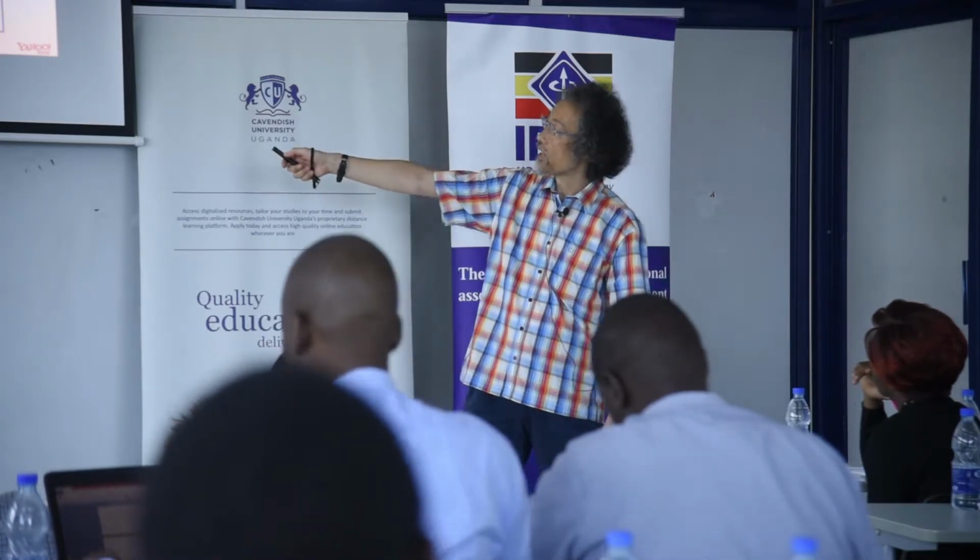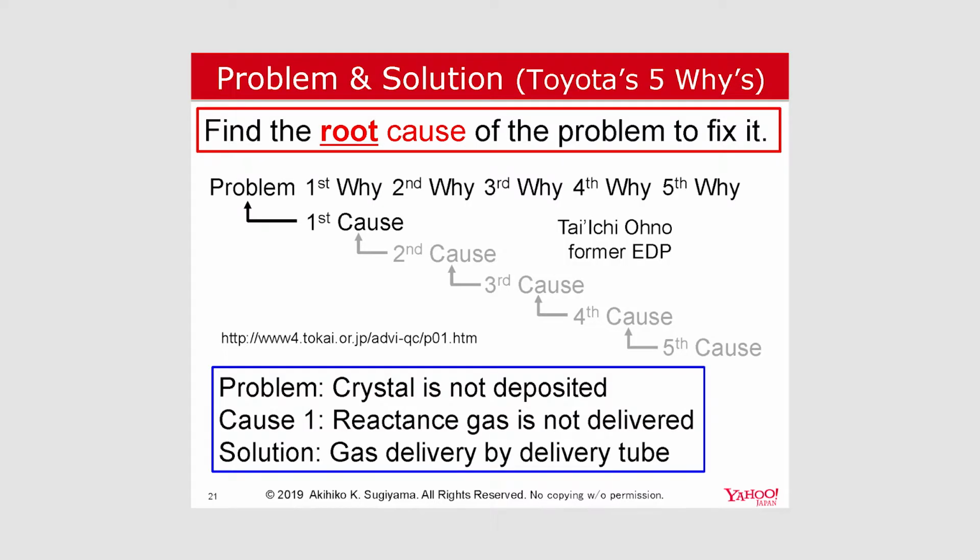And he said this way: find the root cause of the problem to fix it. Once you have a problem, try to find a cause, but not only a cause, the root cause of the problem. How can you do that? So usually you try to analyze a problem to find the cause. Okay? So you need to go further and further.